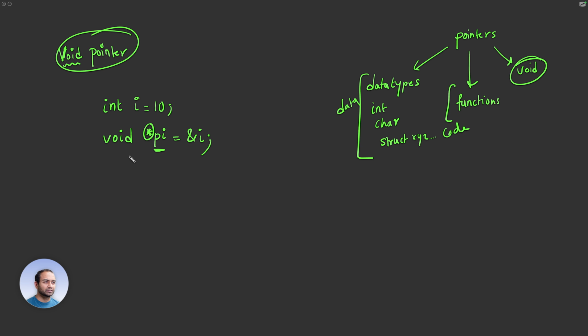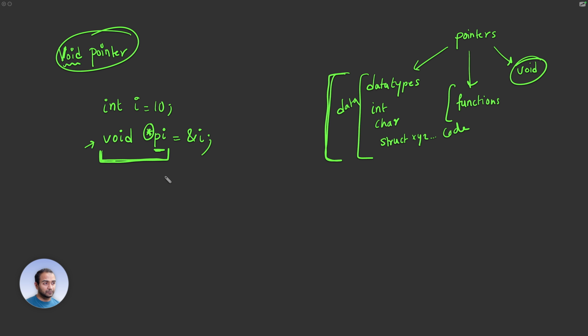So the declaration or definition of void pointers is the same as that of data pointers, except instead of using a data type here, you use the keyword void, right? That's the only difference in terms of how we define or declare them.